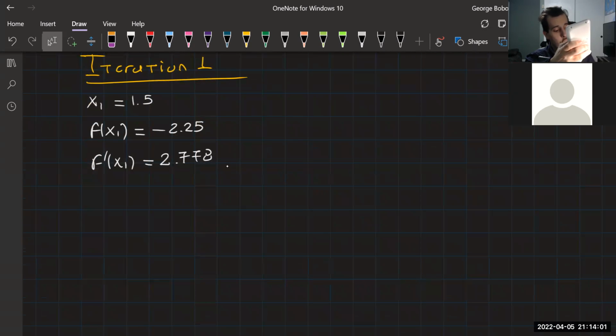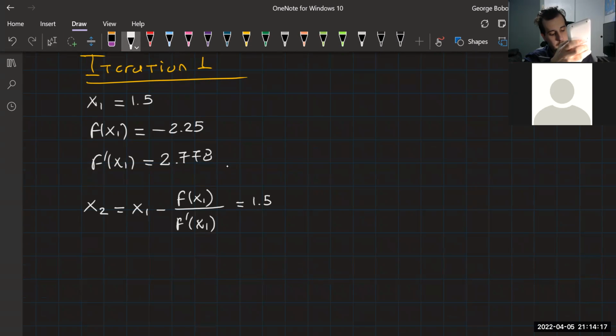Okay, so the next guess for the root will be the first guess minus the function evaluated at x1 over the derivative evaluated at x1. In numbers, 1.5 minus 2.25 divided by 2.778.